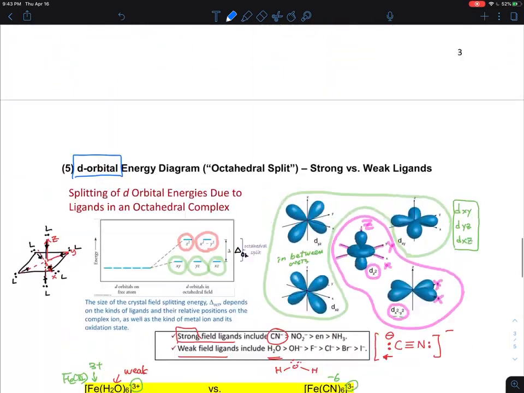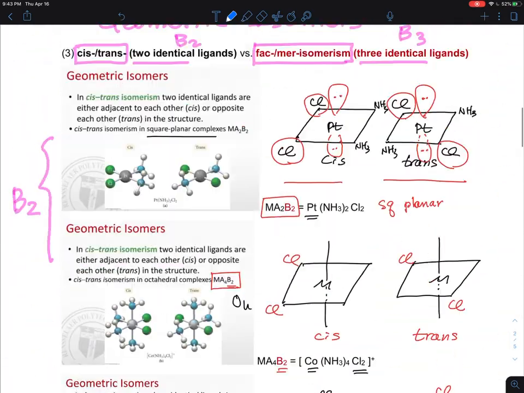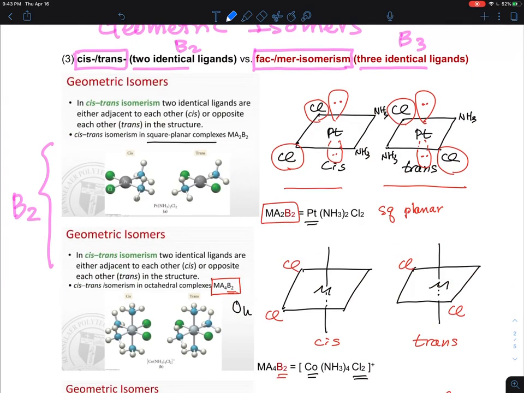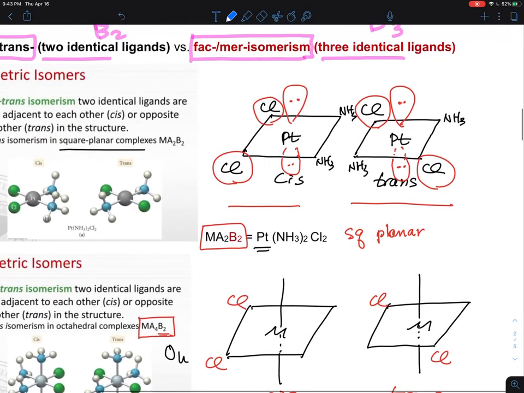Okay, so let's go back to the question the student asked. So for MA2B2, I'm putting this A on the other side, right? As far as I know, you can have only cis and trans isomers, and this one cannot have optical isomers.